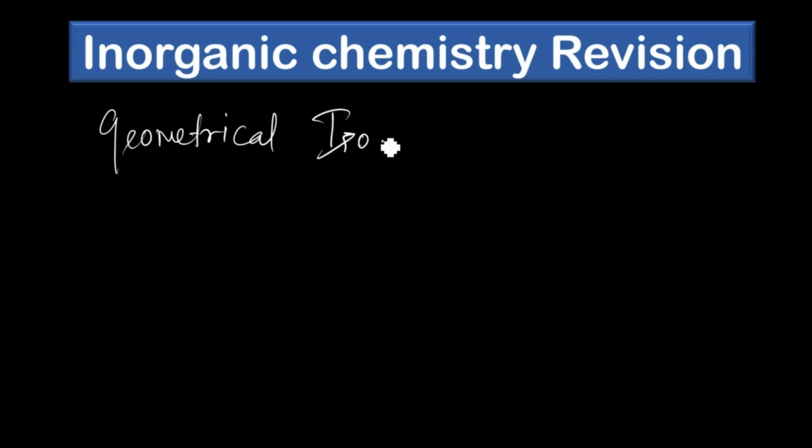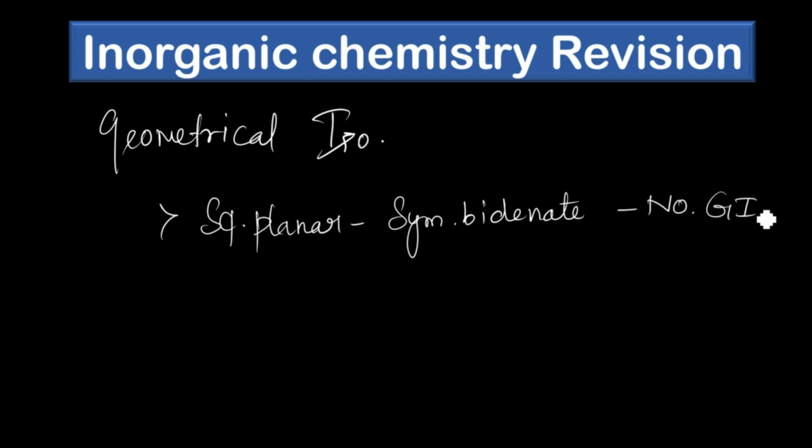So let's talk about geometrical isomerism. First of all, the point to be noted is that a square planar complex with symmetrical bidentate ligands will not exhibit geometrical isomerism.